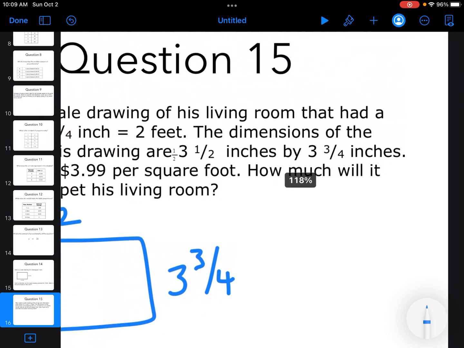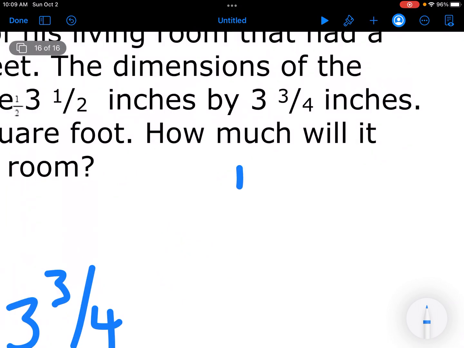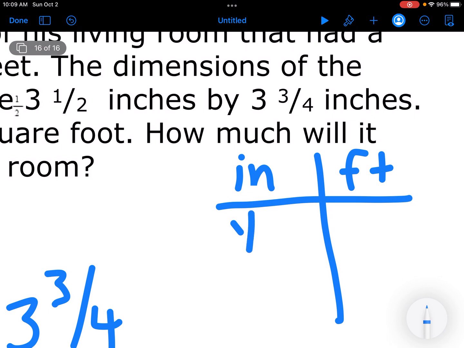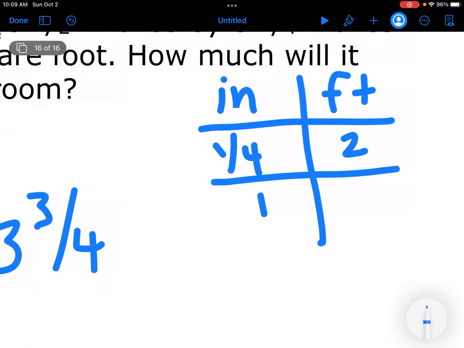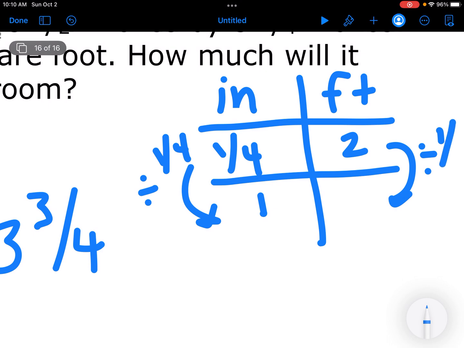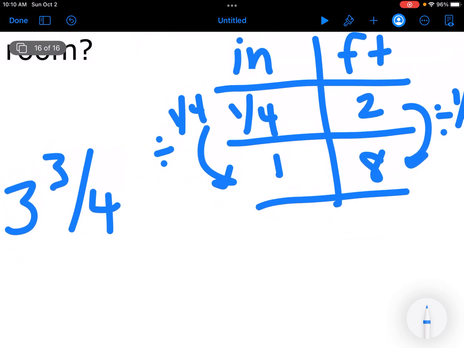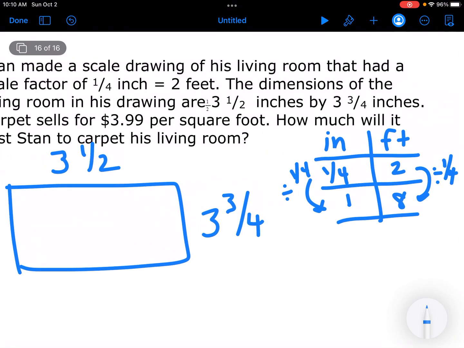All right, so I'm going to start with inch and feet. So I know 1/4 is going to equal 2. So I want to figure out what 1 is, so I'm going to divide by 1/4. So I get 8. So then I'm going to take 3.5 and multiply it by 8.